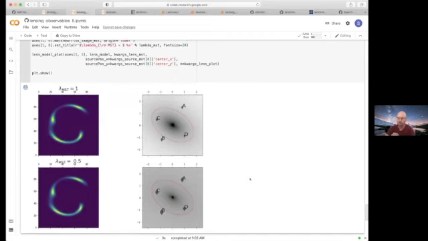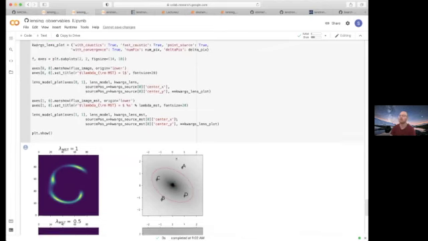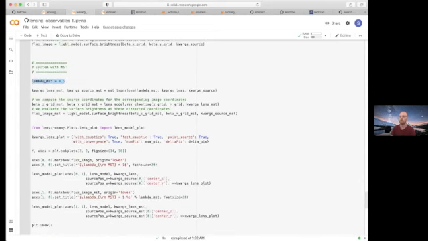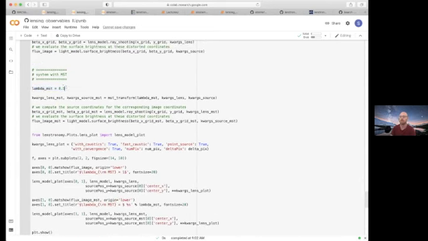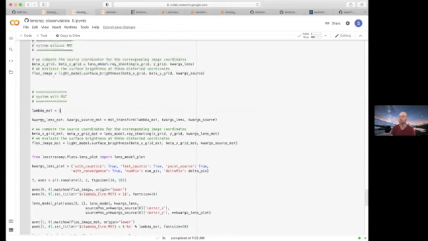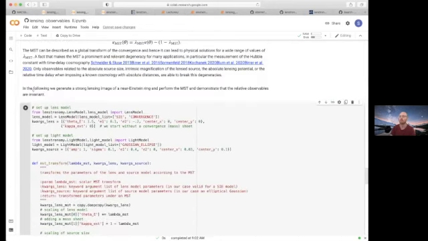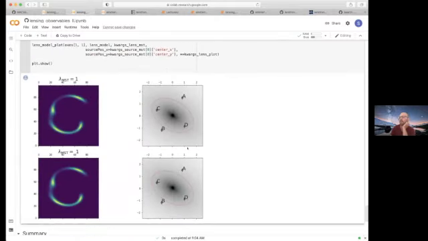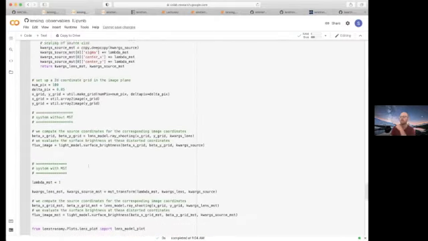Any questions so far? So what I now suggest you to do is play around with this lambda and see what's happening. So one thing you can do is if you set that to 1, then the transform is the identity and you effectively get exactly the same lens model out.